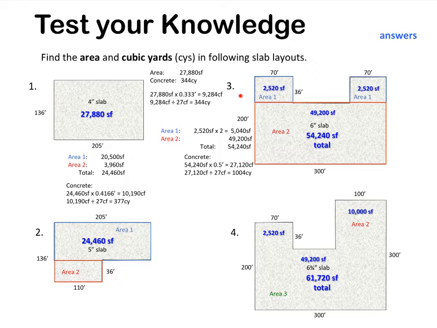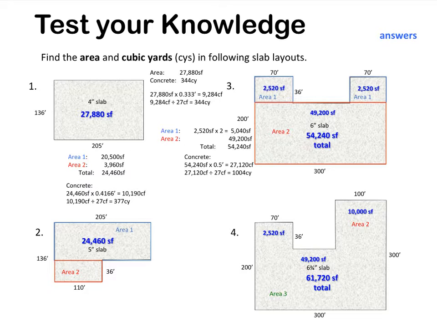Number 3. Number 3, we had to divide it into, I call it area 1 and area 2. Note area 1, the 70 by 36 is the same here and here. So you can take area 1 times 2, which is what we did. We got 2,520 square feet times 2 gives you 5,040 square feet.